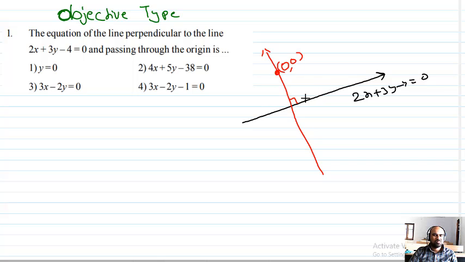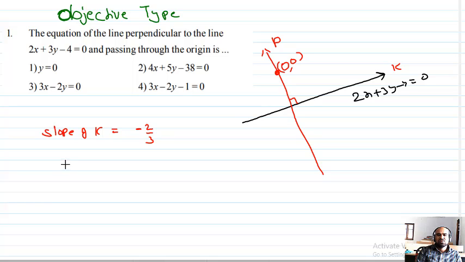We want its slope. Directly can find. Say this is line K. Say this line is P line. Okay. First of all, slope of K I will write. This is objective only, but I am explaining like descriptive. Slope of K, y equal to mx plus c. Directly I can say minus 2 by 3, or minus x coefficient by y coefficient.